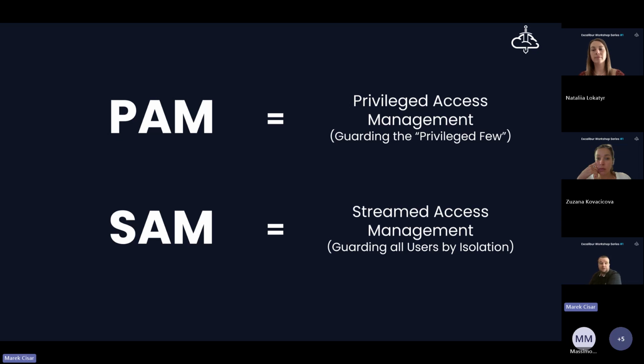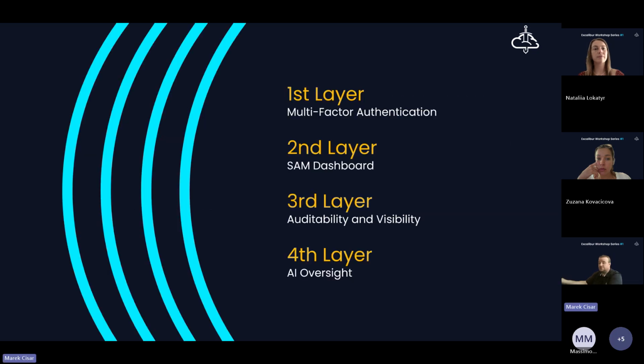This is our concept. This is our technology, which is called Stream Access Management. Typically, it consists of 4 layers. The first layer is the already mentioned multi-factor authentication. We developed and integrated MFA into our platform, into our solution.